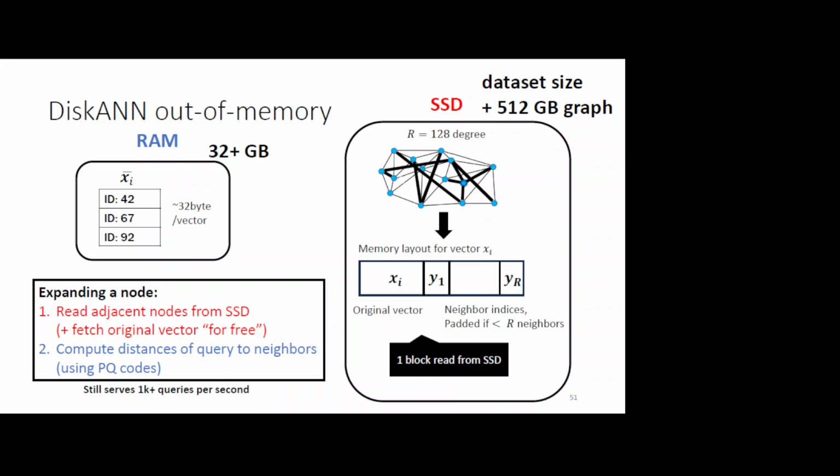I think it's a very smart design. Even though the computation is mainly on the PQ code, the compressed vector, so the accuracy would not be very good, with this smart design it can alleviate this problem.